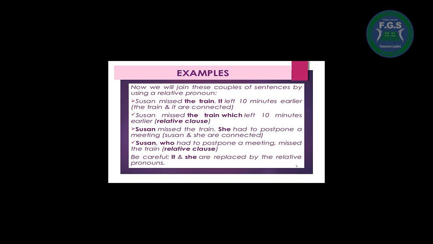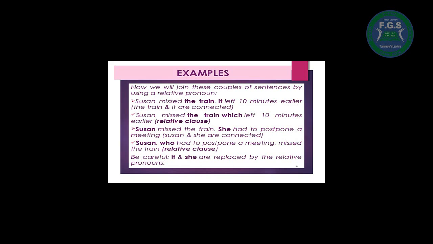So, more examples. Now we will join these couples of sentences by using a relative pronoun instead of repetition. For example, Susan missed the train. It left 10 minutes earlier. So the train and it are connected. So instead of repetition, we will say: Susan missed the train which left 10 minutes earlier. Another example. Susan missed the train.